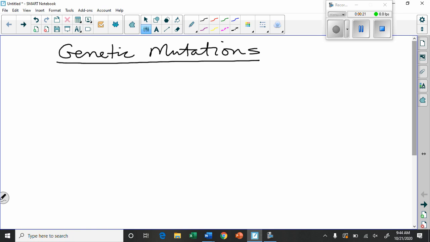So here we go. We're going to just basically look at what a mutation is. Essentially, a mutation is a change in the nitrogenous base sequence on the DNA molecule.